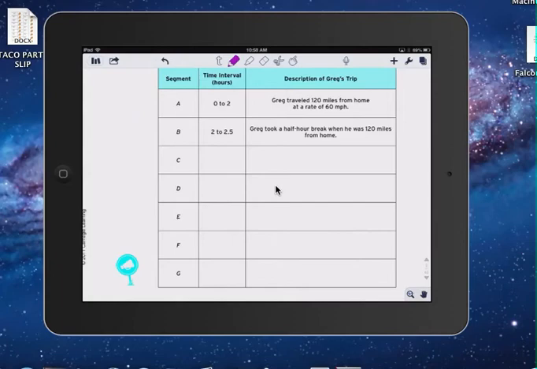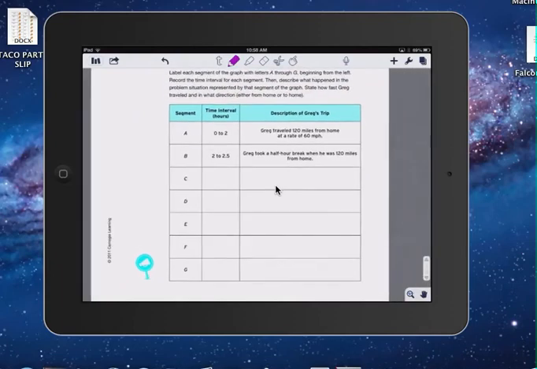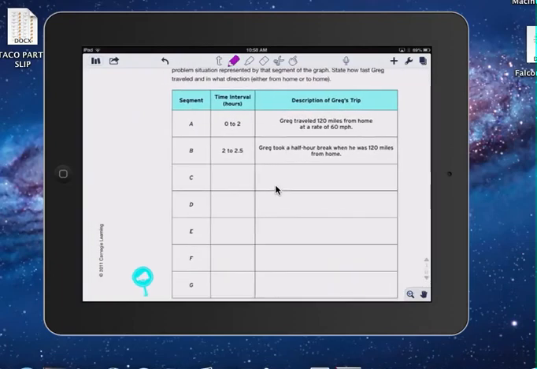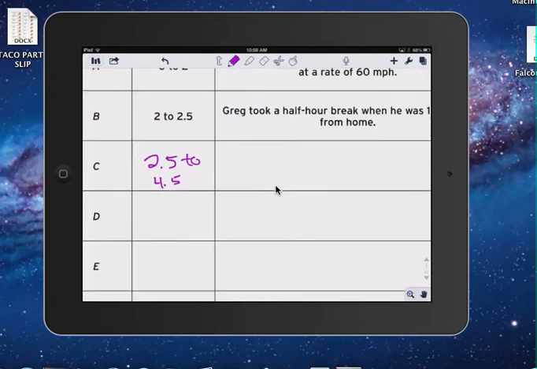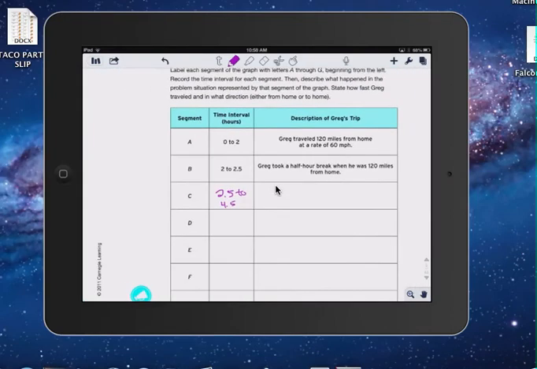And then C would be what? C is from what hour? 2.5 to 4.5, right? And you describe this part.